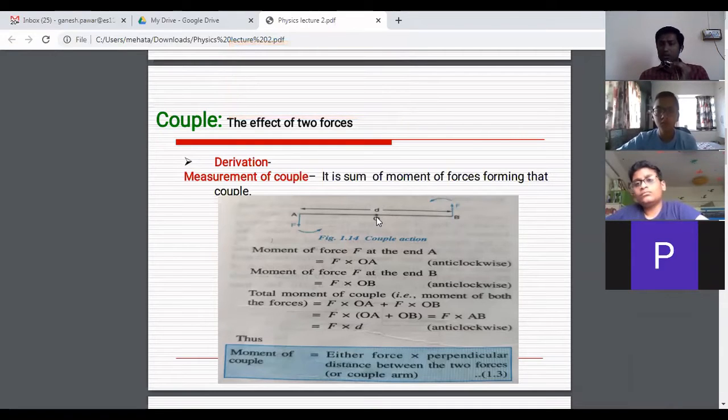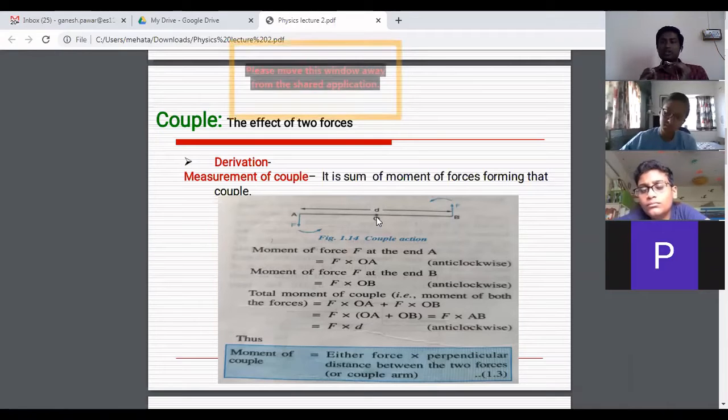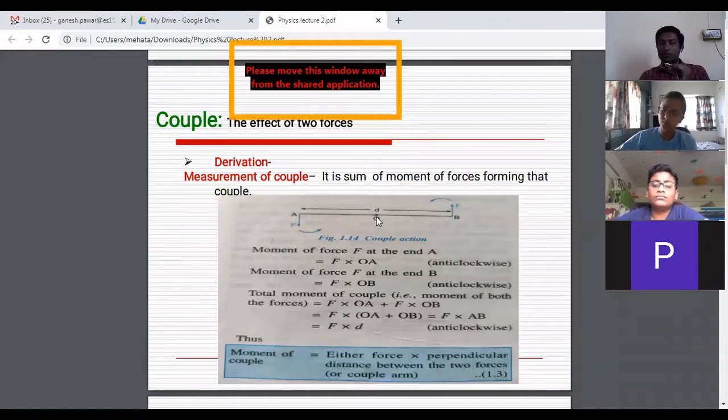Just like on a number system, origin is your reference. Everything you measure with respect to origin. In case of moment of force or moment of couple, the position of pivot, just like in this case, the point O is your reference.